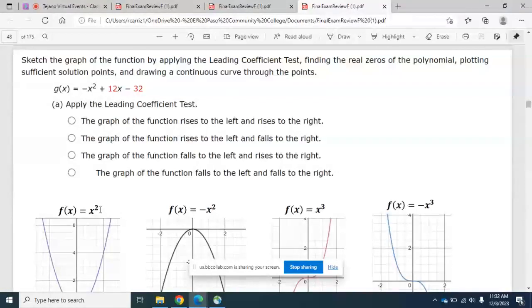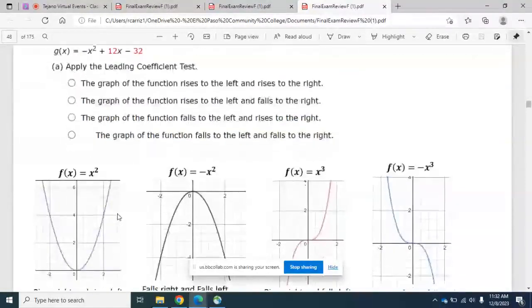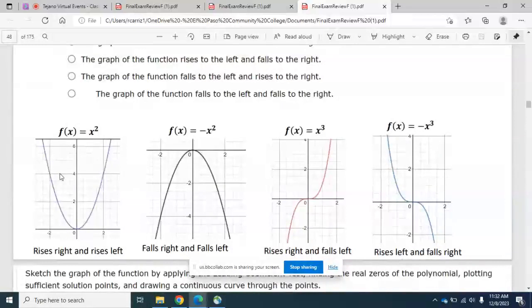Now, if that number is a positive value, if you see this first graph here, if I have an even function and my leading coefficient is a positive value, my graph will rise on the left and on the right, okay? If I have an even function and my leading coefficient is a negative number, then my graph is going to fall on the right and fall on the left.